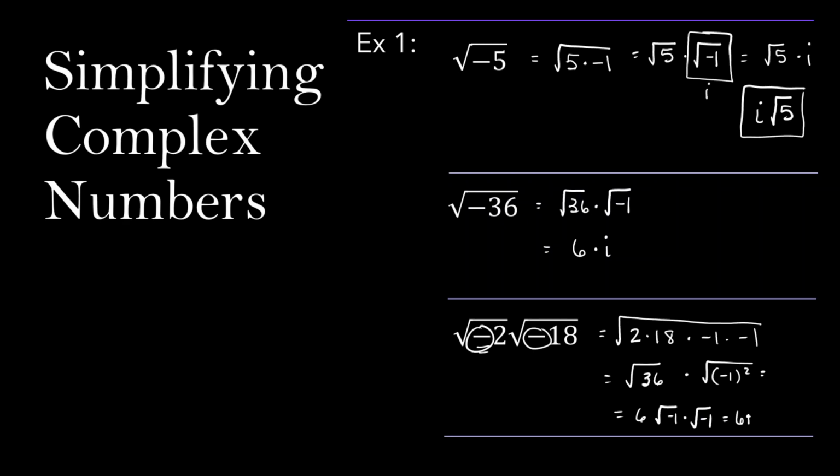So that's 6i squared, which is -6. Okay, so we might want to just multiply those two negatives together and get a positive and say the answer is 6. But when we're underneath the square root, those two negatives do result in that i squared, and so we do end up with a negative result. So just be careful with that.